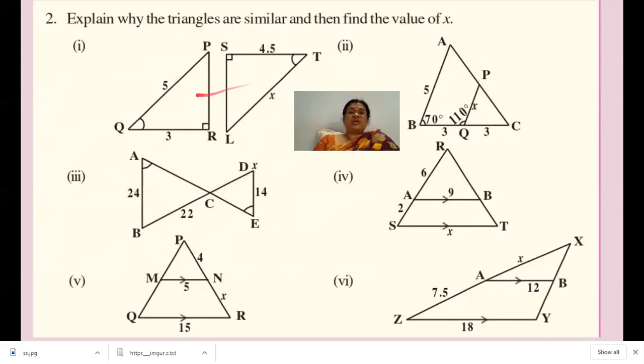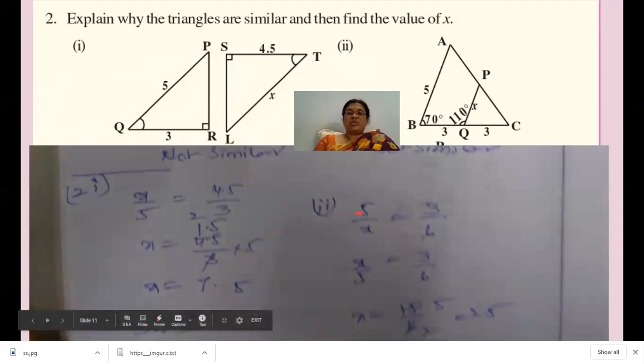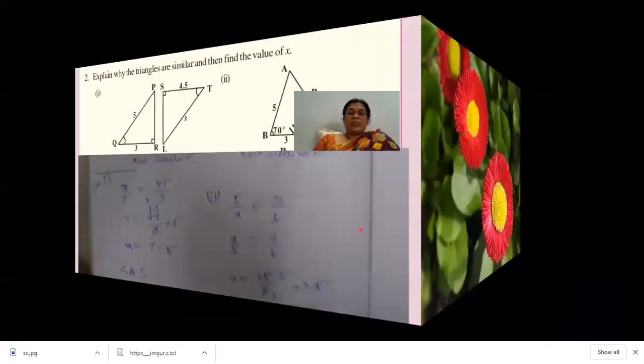You can say that the sides are proportional when you take this x and this 5 as one ratio, and this 4.5 and 3 as the other ratio, and when you equate them, you can easily find out the value of x like this. I have solved 2 problems for your reference, and you can solve the other problems also by using the same technique.